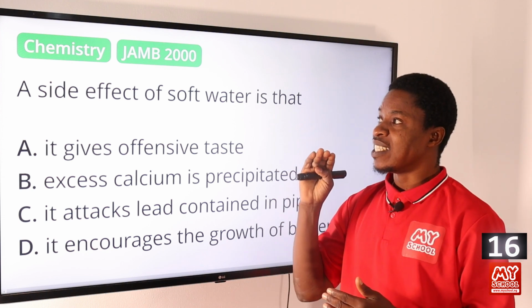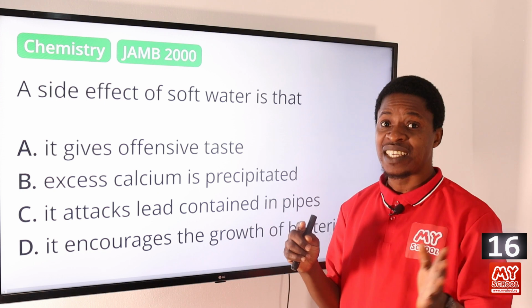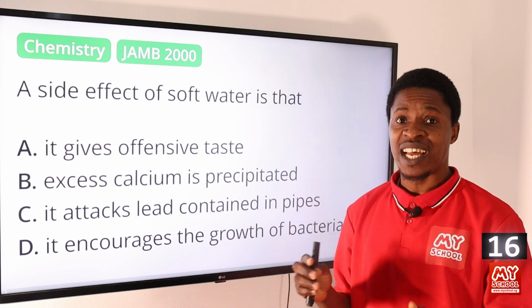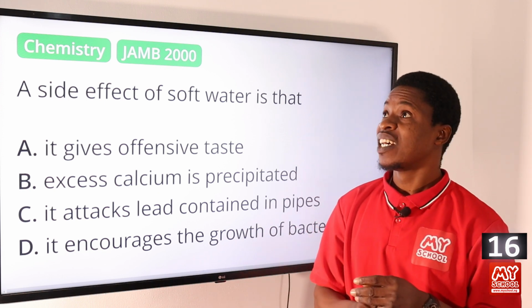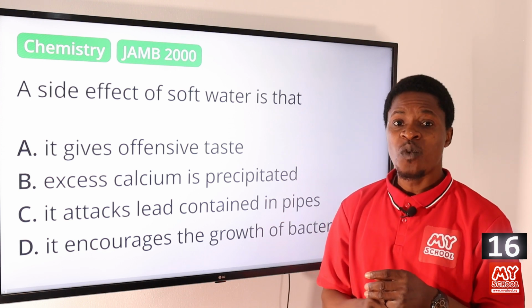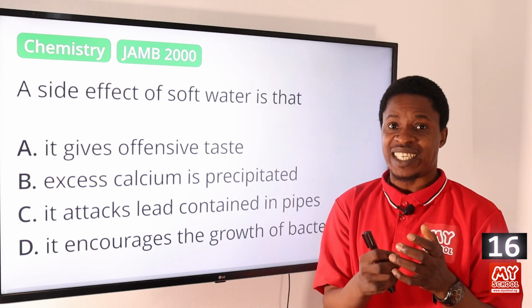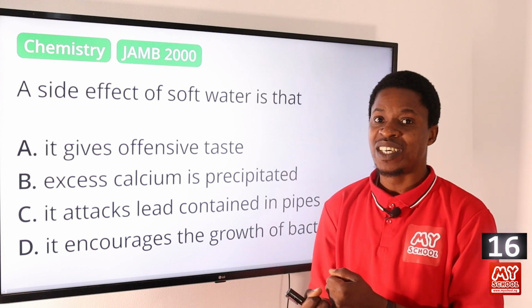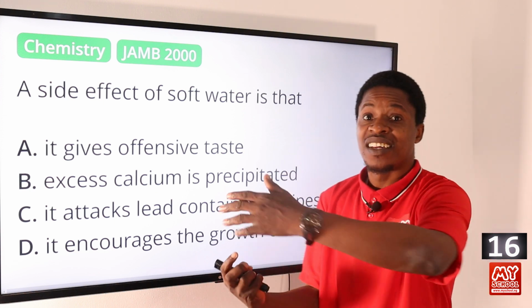Now, the effect of that, apart from other disadvantages, could be that because it does not have those minerals present in it, once it sees lead, it reacts with lead, because it wants to drag along lead.